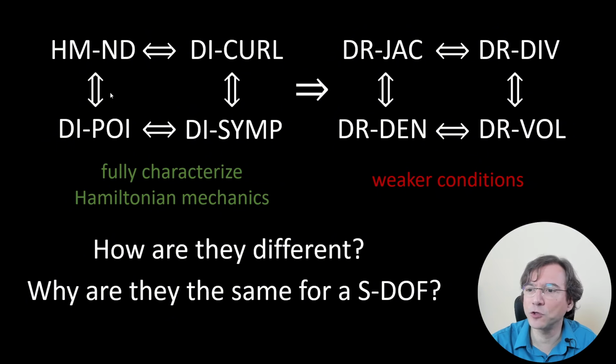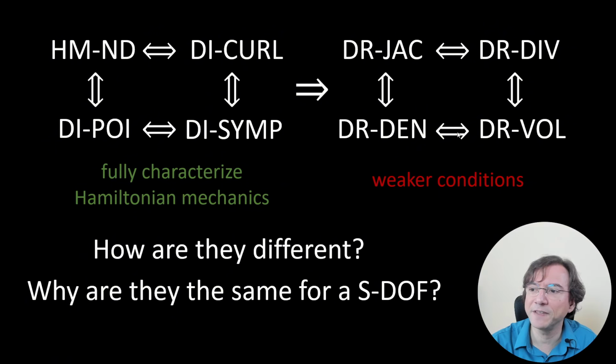So okay, we have two sets of conditions that we found. One, the equations and conditions that are exactly equivalent to Hamiltonian mechanics: the fact that the curl of the rotated displacement field is zero, that the symplectic form is conserved, and the Poisson bracket is conserved.